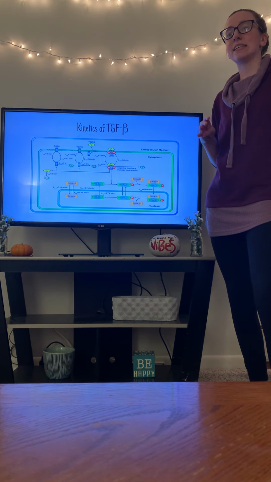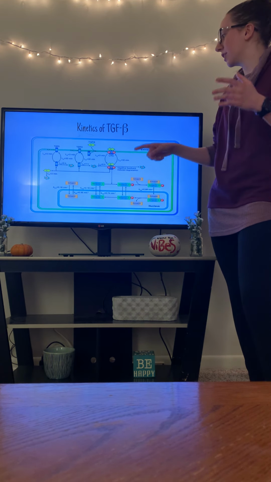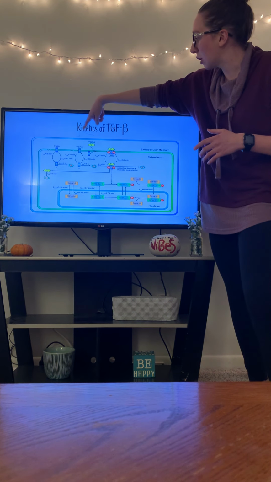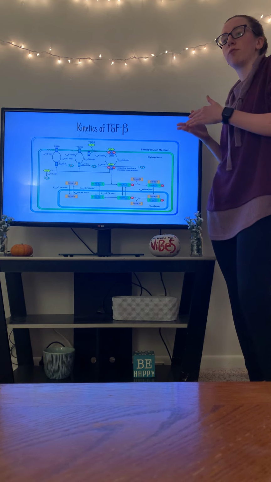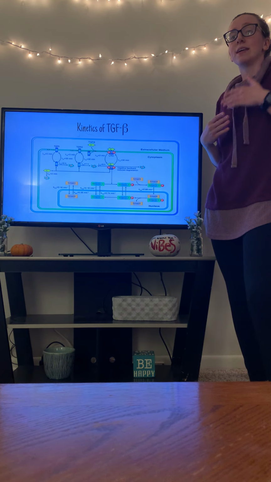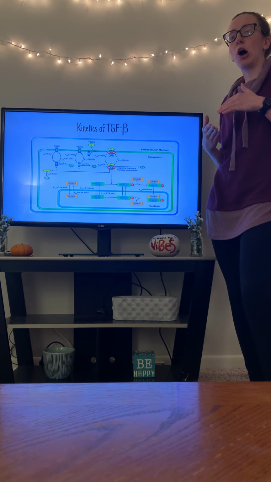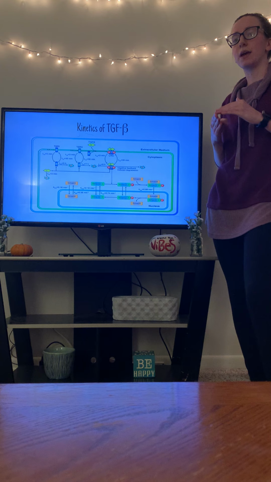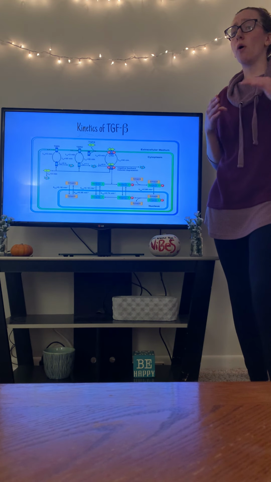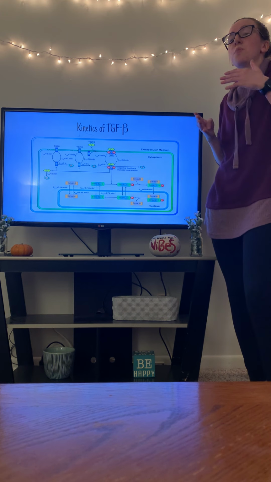And then interestingly enough, research on these kinetic parameters found that changing the overall concentration of TGF-beta does not change the kinetics of the overall pathway. The thing that causes a change in the kinetics is a change in the molecules of TGF-beta per cell. So instead of the overall concentration, it's the molecules per cell, which is super interesting.